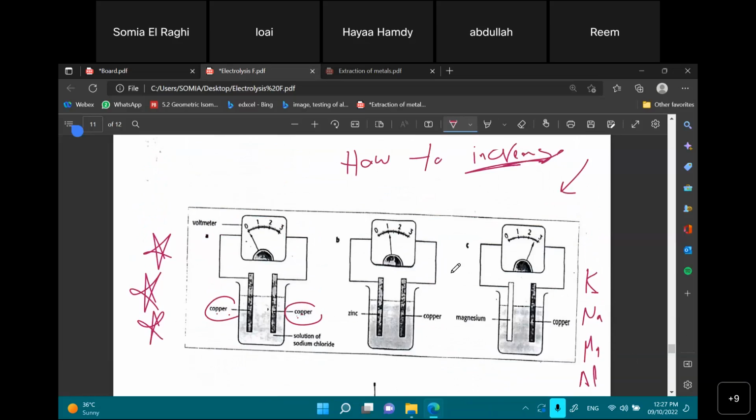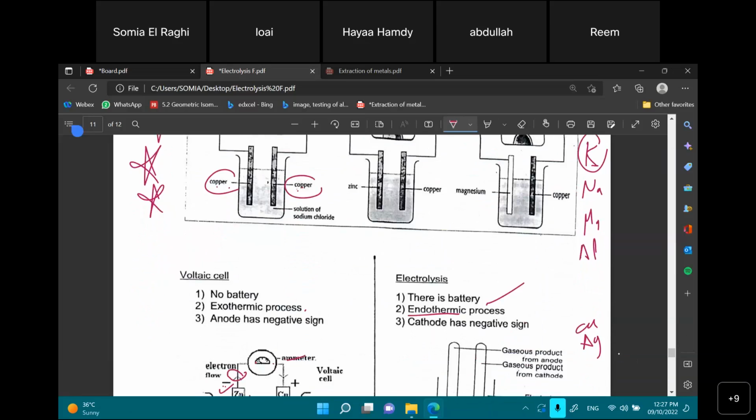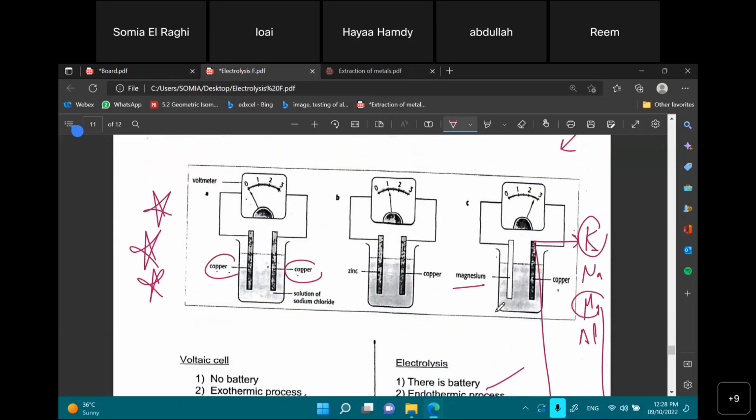How to increase the voltage? Get one metal from the top of the reactivity series and one metal from the bottom. If you increase the difference in reactivity, you get the maximum voltage. All right? So if you put magnesium and copper, the distance between magnesium and copper is larger, so we get a higher value of the voltage.